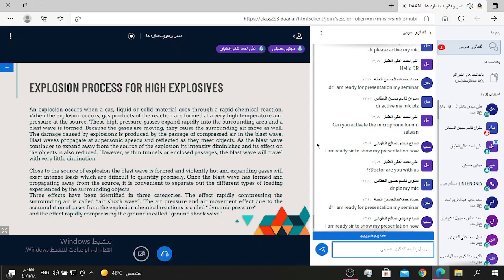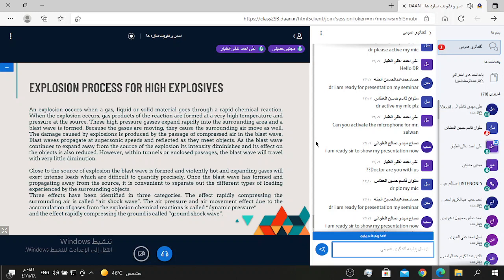However, in tunnels or enclosed passages, the blast wave will travel with very little diminution. Close to the source of explosion, the blast wave is formed and violently hot and expanding gases will exert intense loads which are difficult to quantify precisely.